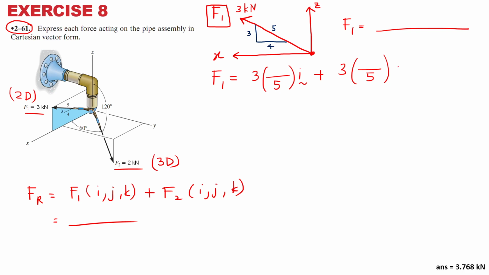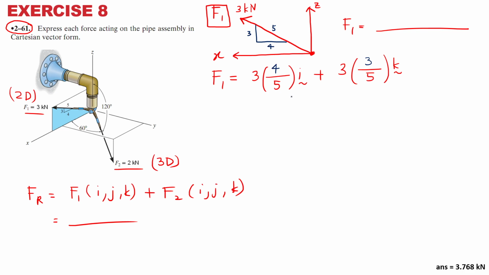This is not J, it's actually K. Now look at horizontal. So you put in the values. Horizontal is this one, 4 over 5. How about this one? Look at the vertical component. Vertical component is 3. So this one is actually 3 over 5.